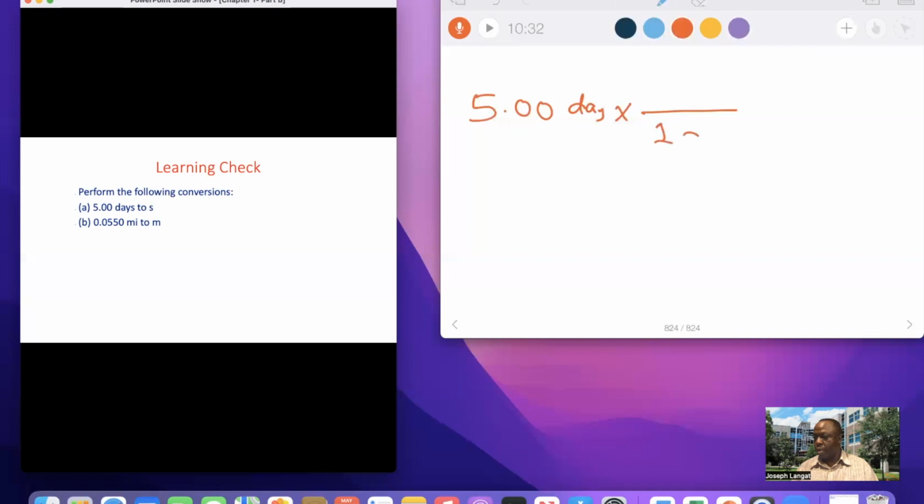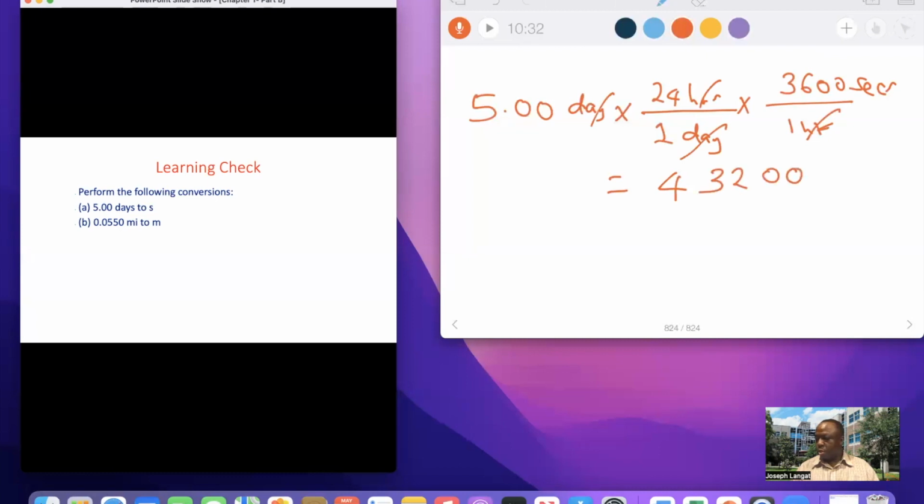So 1 day, all right, you can move from days to hours, 24 hours, and then times, of course everybody knows this, 1 hour over 3600 seconds. If you look at the unit reconciliation, I'm left with seconds, and this will be 432,000 seconds.